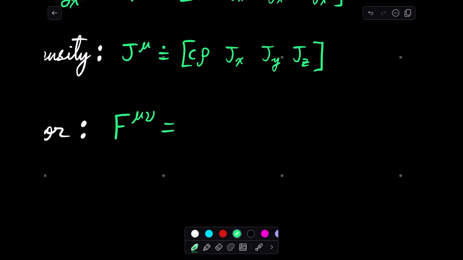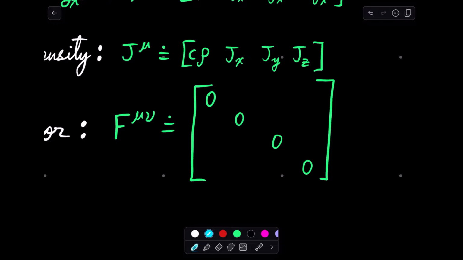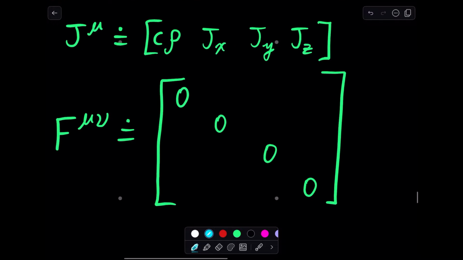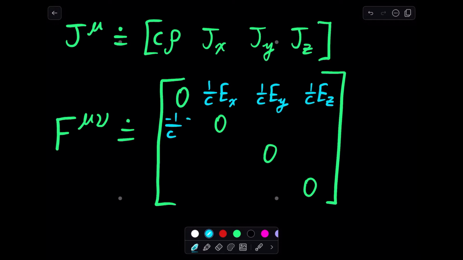And this is basically represented by a 4x4 matrix. It has zeros in the diagonal, and the electric field is written 1 over c Ex component, 1 over c Ey component, 1 over c Ez component. And then right here, you end up with the negative of all of the components that I just wrote.